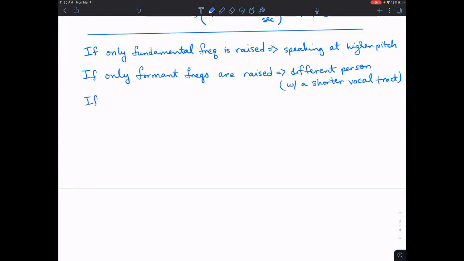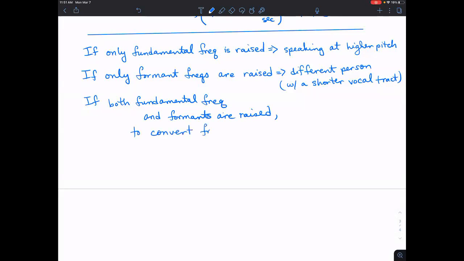Okay, and then if both fundamental frequency and formants are raised, that would be the processing you would do to convert from a male voice to a female or child voice, depending.